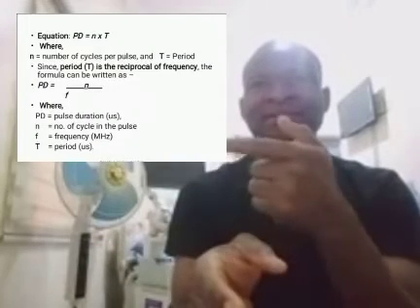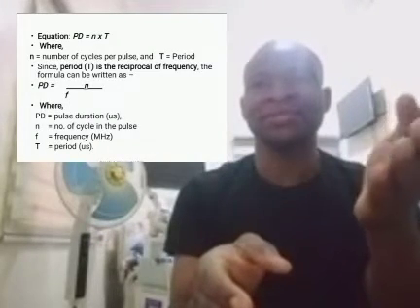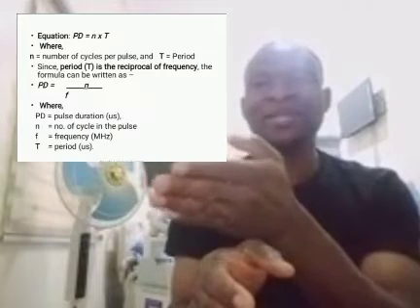So since period is the reciprocal of frequency, the formula can be written as: PD equals number of cycles over frequency, where T is period, frequency is measured in megahertz, and PD is the duration in microseconds.